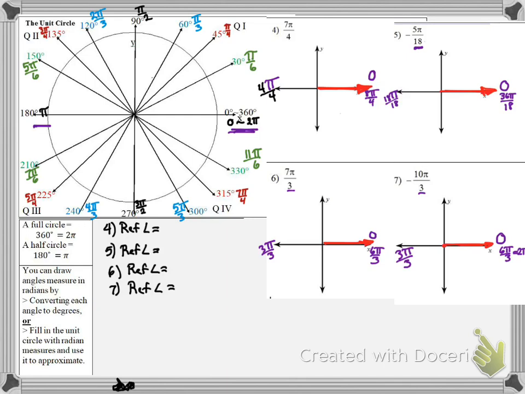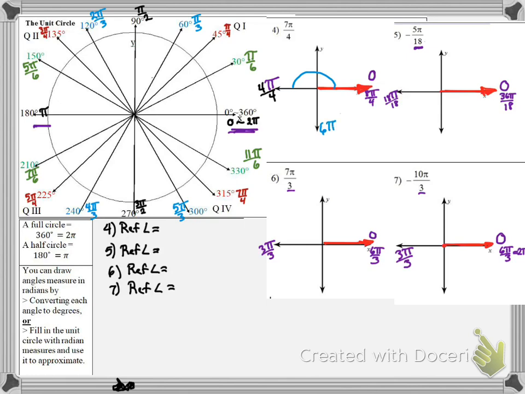I have to draw 7 pi over 4. If I start drawing here, positive goes up, and I drew it from here to here. I'd have 4/4. If I'm going to go to 8/4, then halfway between 4 and 8 would have to be 6/4.